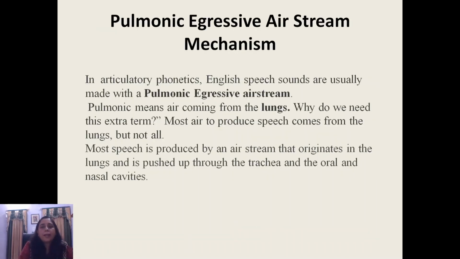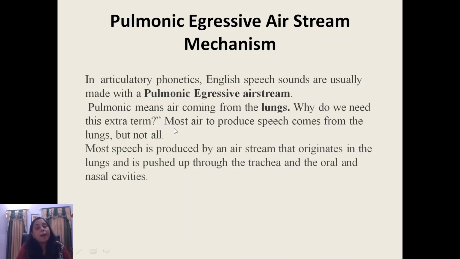Pulmonic egressive airstream mechanism. In English, the airstream mechanism used in producing sounds is called the pulmonic egressive airstream. What we mean by pulmonic is that air coming from the lungs is used to produce sounds. There might be a question of why we need this extra term.